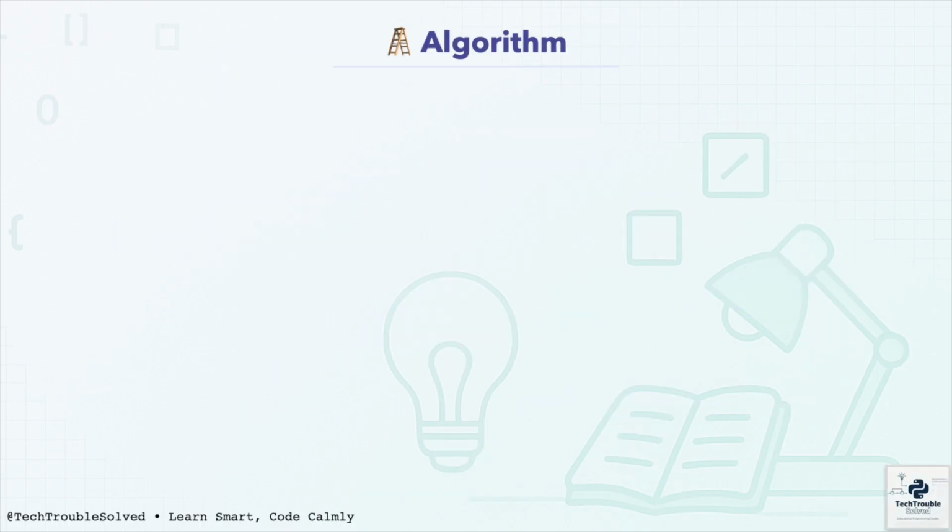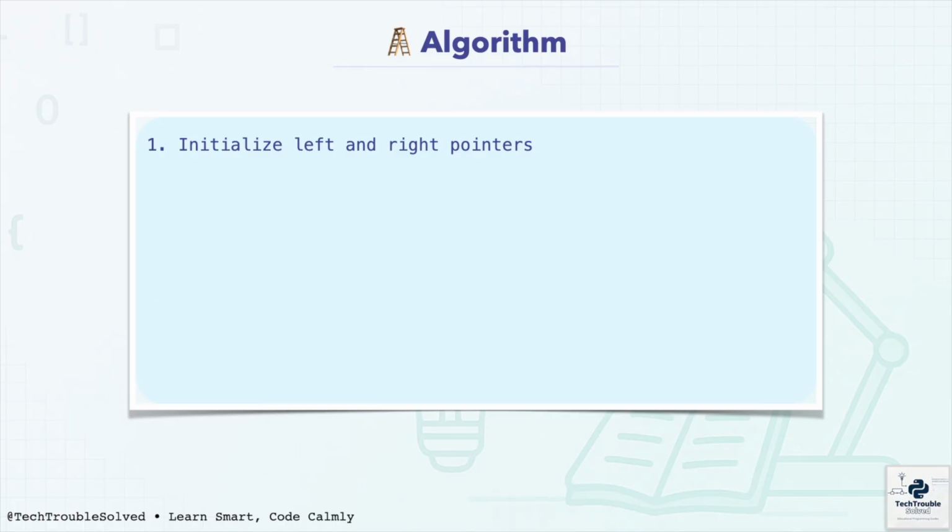Now let's summarize everything we just saw in the flowchart. First, we initialize two pointers, left at the beginning and right at the end of the string. Then, while left is less than right, we keep repeating the same steps. We skip any character that is not alphanumeric.